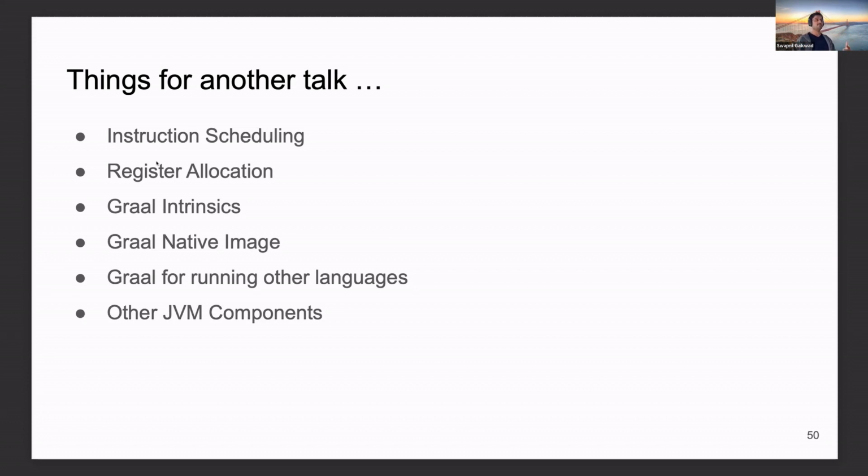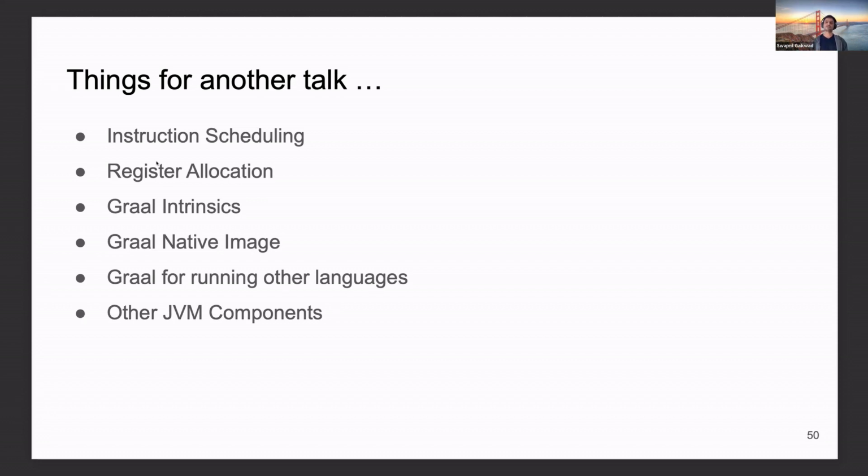Graal's native image, or Graal for running other languages, and other JVM components such as the class loader and garbage collector are significant parts of the JVM itself, and we haven't looked at them.